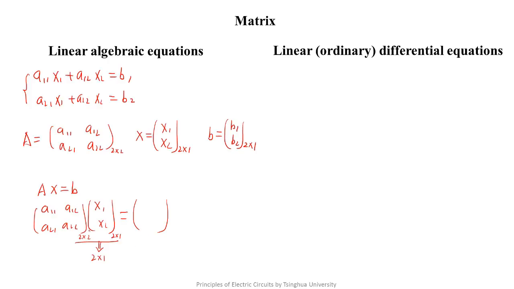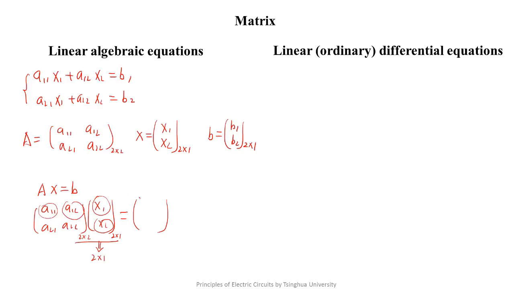So what's its first element? It equals this value times this value plus this value times this value. In other words, every element in the first row of the first matrix times every element in the first column of the second matrix, and then add them together.